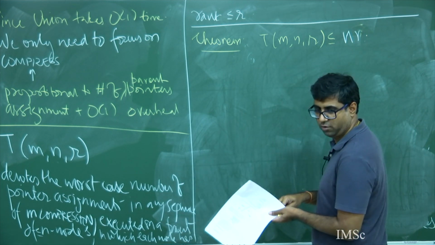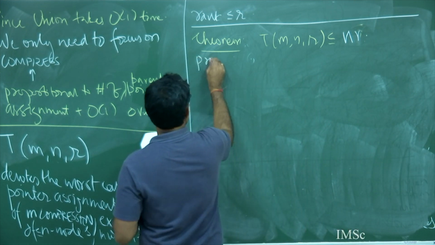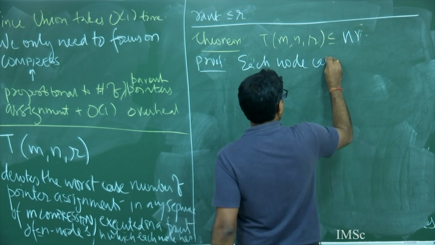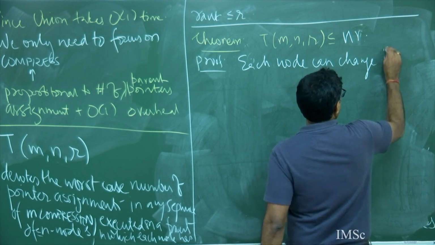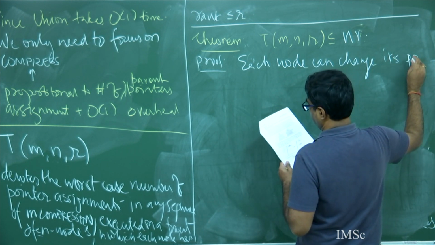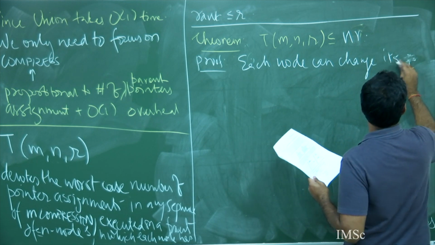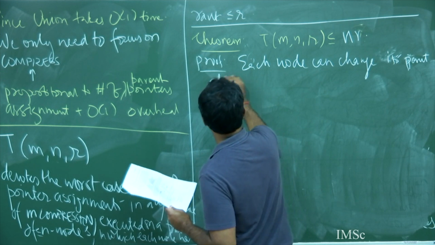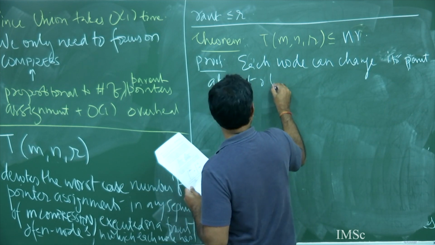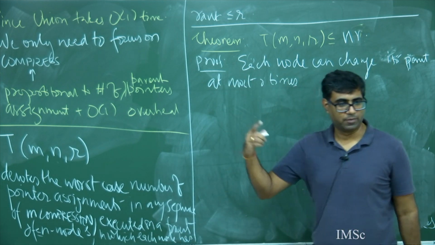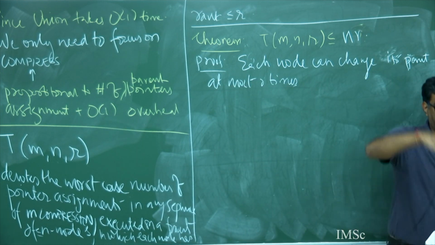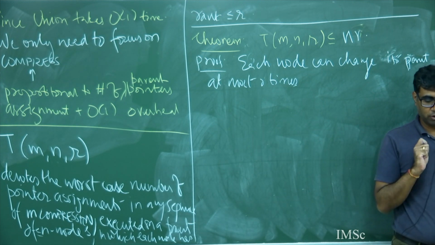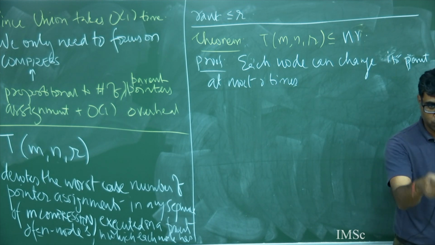Okay? And what is the one-line argument? Let's write down this proof. Each node can change its parent at most R times, right? Because, look at the node, do not count the path in the compression. Whatever the sequence of operations may be, I'm going to charge the node.